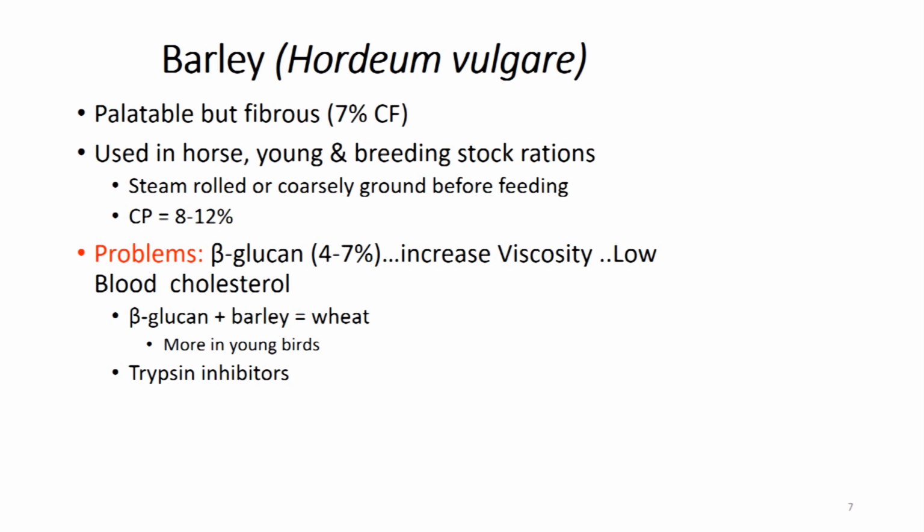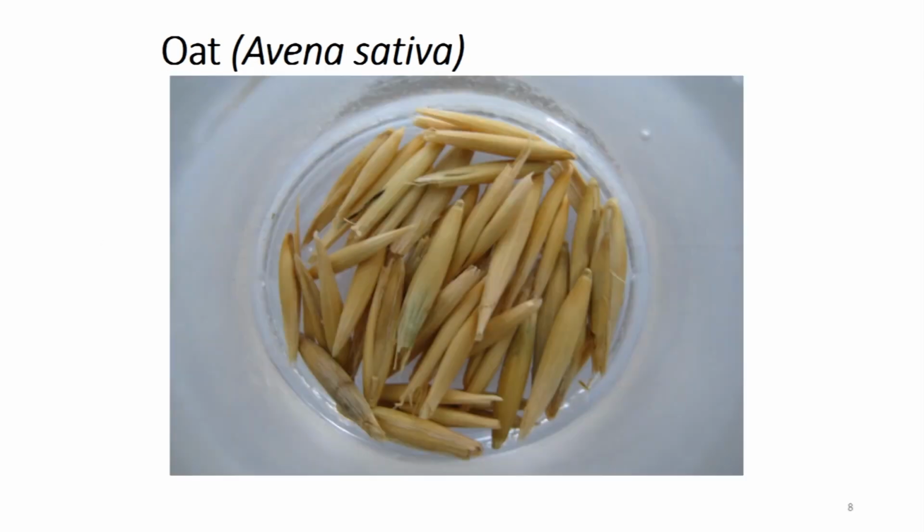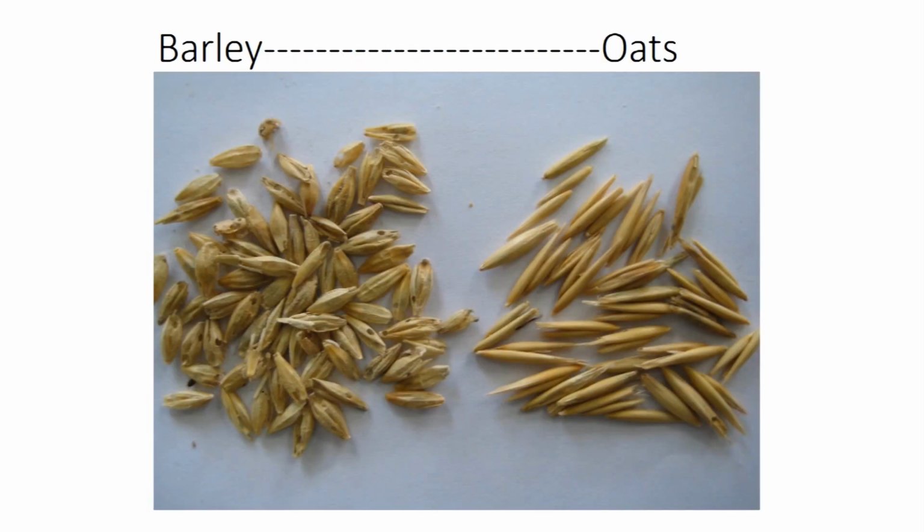Oat or Avena sativa. Oat is locally known as jai, whereas the local name of barley was jau. When we compare it with barley, the seed of oat is of large size.